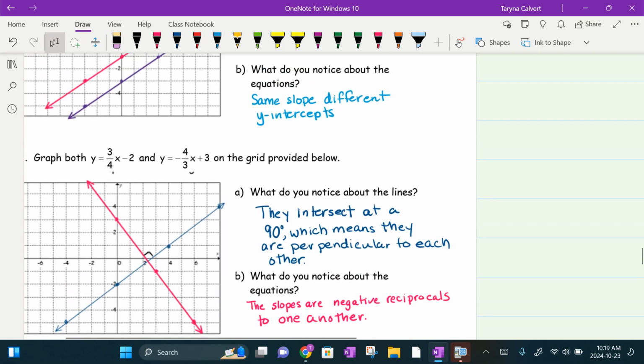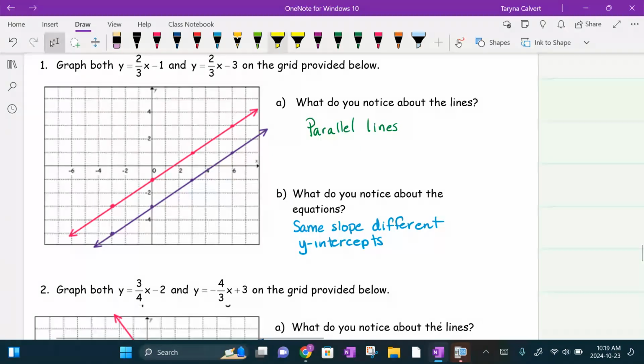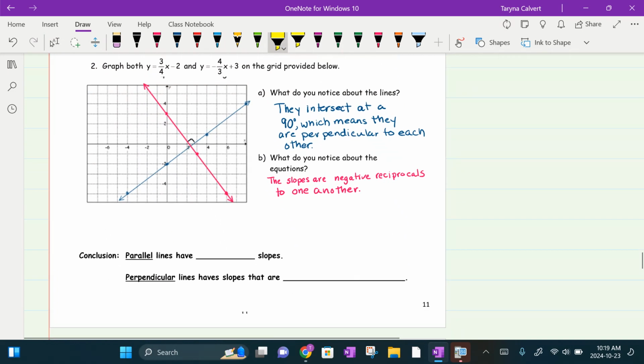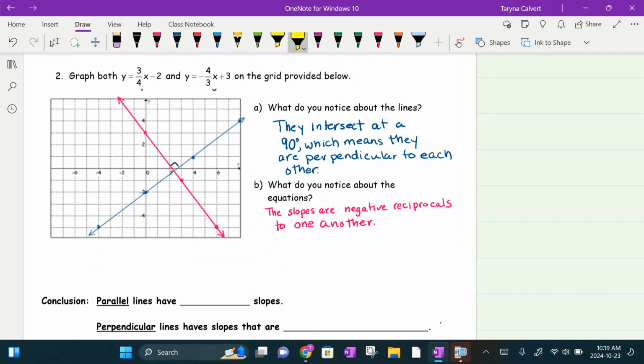So again, keyword here, these guys are parallel, and these guys are, what word am I going to use? I'm not going to say they cross at a 90. I'm going to say they're perpendicular, which then you make the conclusion that they cross at a 90.